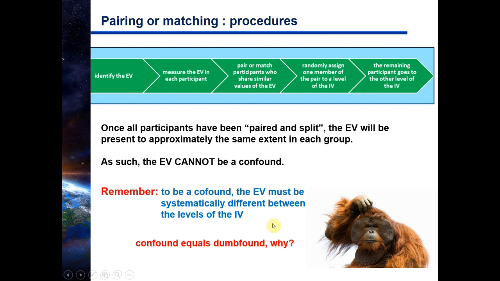Maybe it's the independent variable, but maybe it's because age was different between your two groups. So now you have two explanations for why the dependent variable was different for group 1 and group 2. Aren't you dumbfounded now? You don't know which one was responsible for the change in the DV. Or maybe it's a combination of both. You're dumbfounded. And that's because you've got a confound. Confound rhymes with dumbfound.